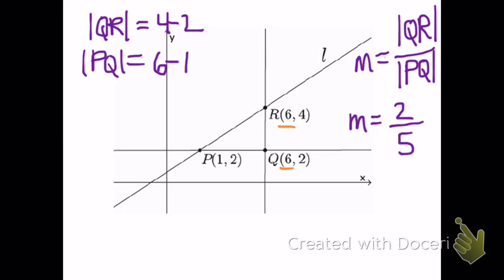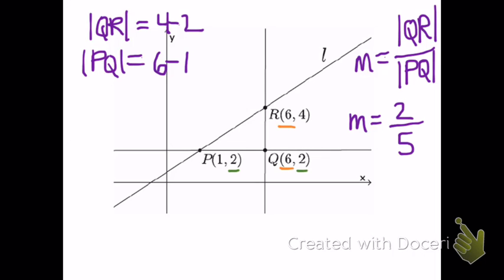So the 6 is found in both of those points, Q and R. And then look at the points P and Q. They have the same y coordinate. Look, here's the y coordinate right here. So when I go from P to Q, the y coordinate does not change.